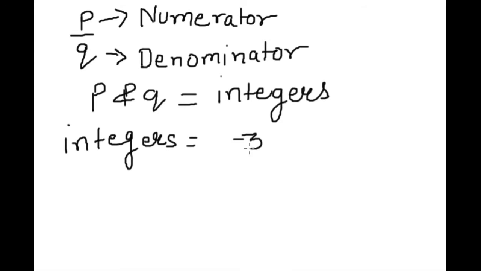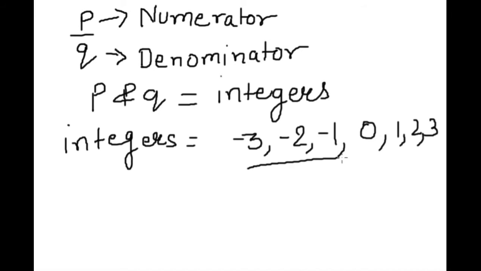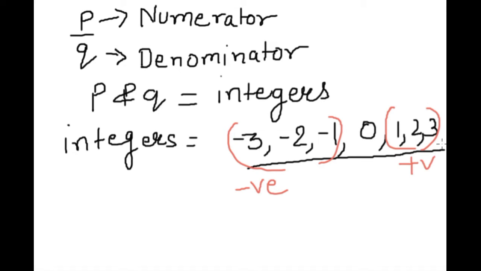For example, minus 3, minus 2, minus 1, 0, 1, 2, 3. These all are integers. These are called negative integers and these are positive integers.